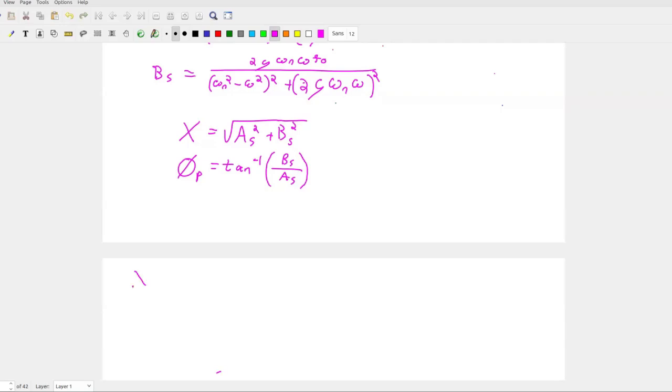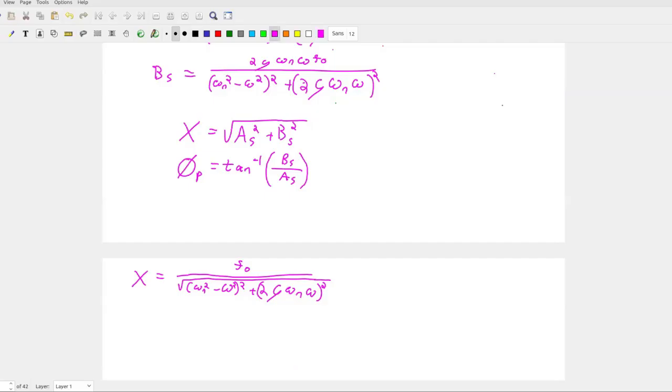And so I can get capital X is equal to F naught, which is my mass-normalized applied force, times the square root, it's a long one, of open parenthesis omega n squared minus omega squared, close parenthesis squared, plus 2 zeta omega n omega, that whole term is squared.